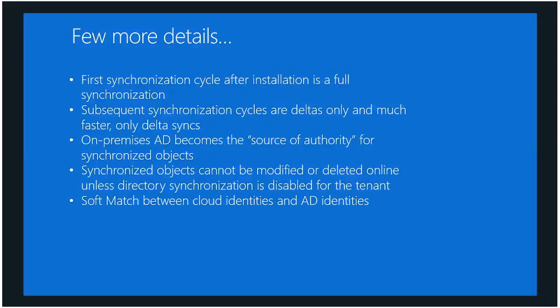And if these two different identities share the same primary SMTP address, user1@contoso.com, when we first run Azure AD Connect, this would perform a soft match.